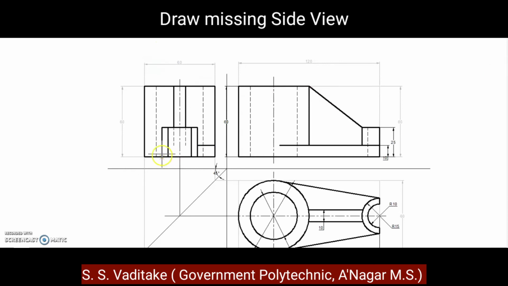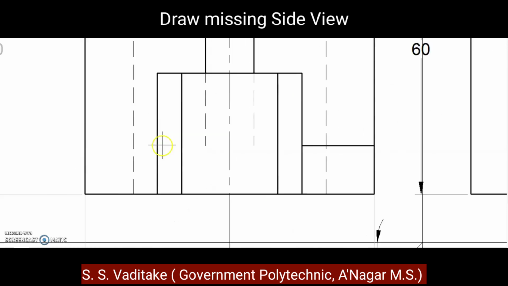Then repeat the same, means again take the projections and draw this line, take the projections and draw the line from this to this.